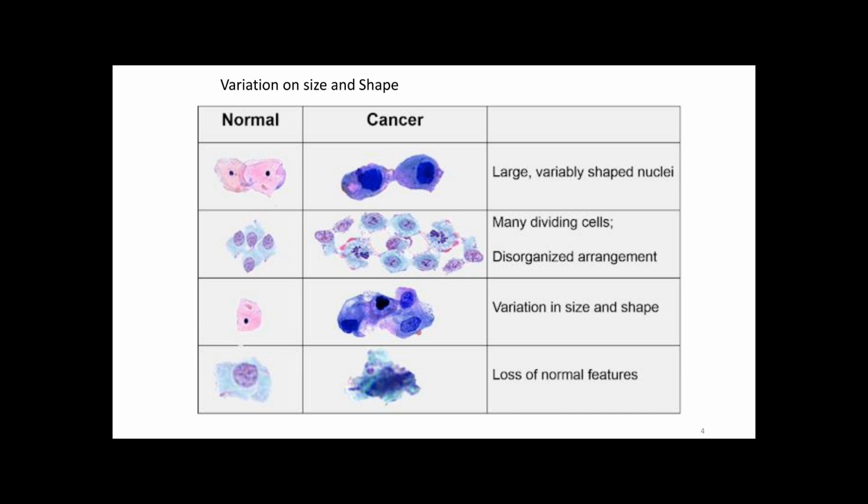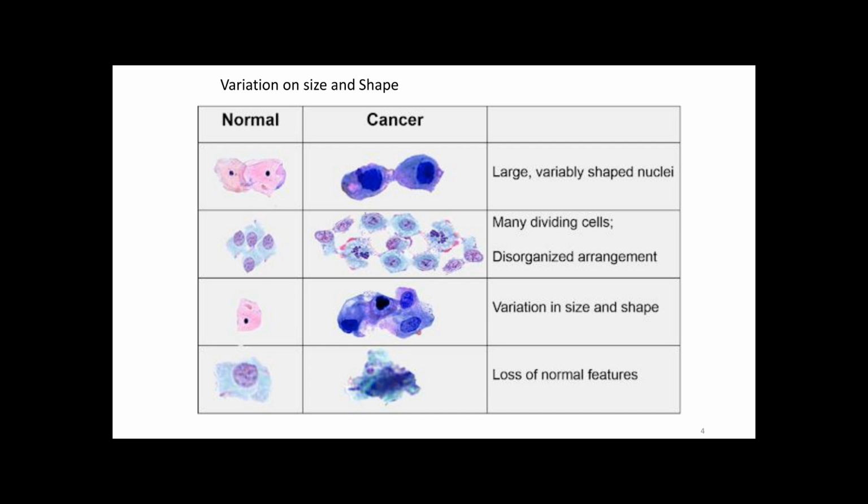But the third picture shows variation in size and shape. Here consider the normal cell, okay, normal, but in the cancer cells you can see variation in nuclear size and shape. When we consider single cells, the size and shapes vary.